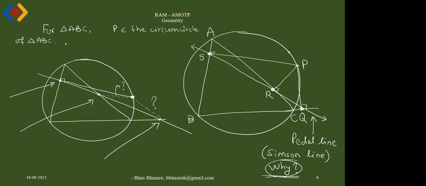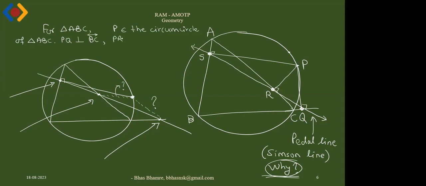if I use P belongs to the circumcircle of triangle ABC and PQ perpendicular to BC. Here, when I say BC, it would be line BC. Some books prefer writing line BC like that. I am not that particular, but here I wrote it like that.